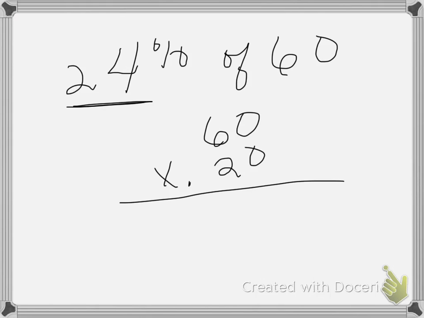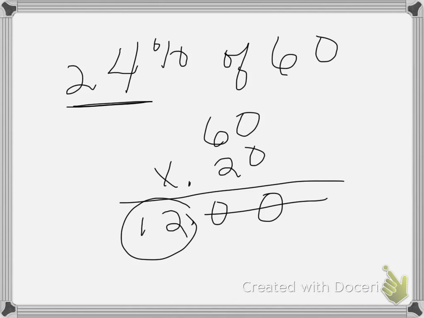It's the same thing. 0, 0 is 12. So I'll move the decimal over 2 times. So in estimating it, 24% of 60 as an estimation would be 12. This concludes the review. Some of these questions could be on the test. So pay attention and do the review and study it.